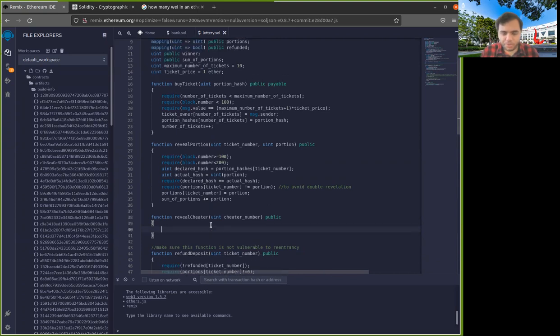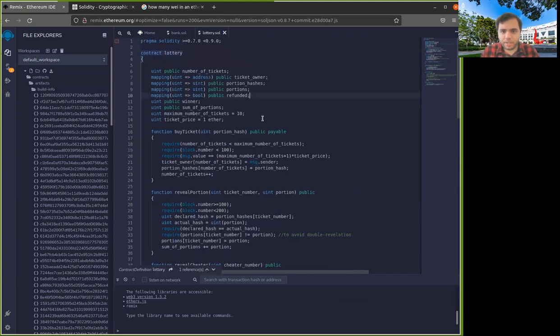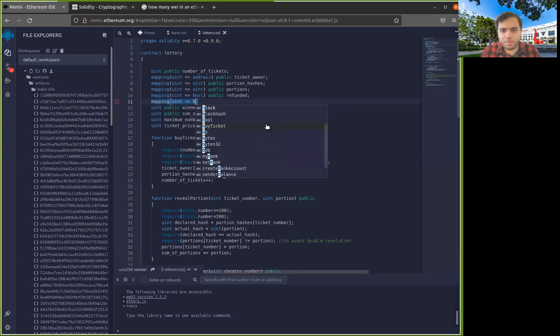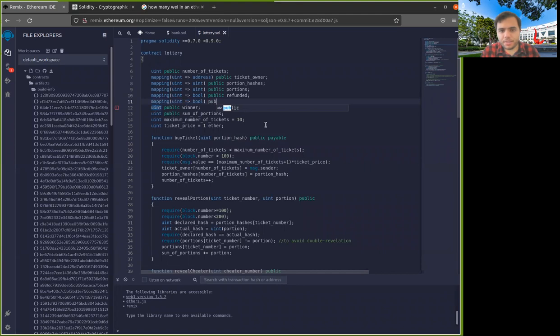So what I would do here is that I would just confiscate that particular cheater. So maybe I can just have another mapping from unsigned integer to bool, and this is public, and I call it isCheater.